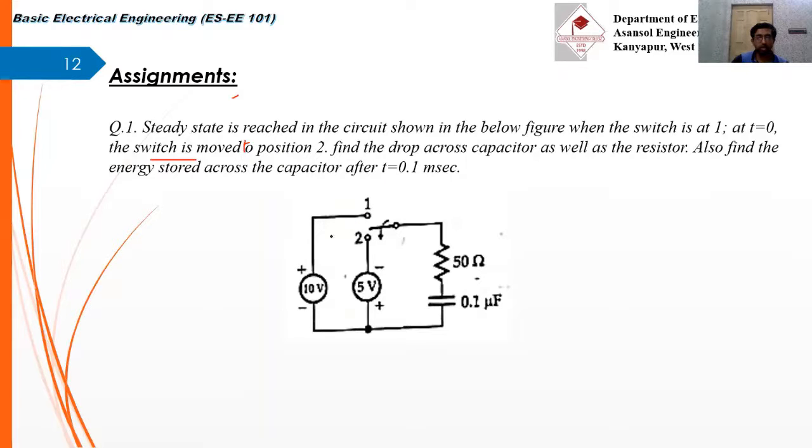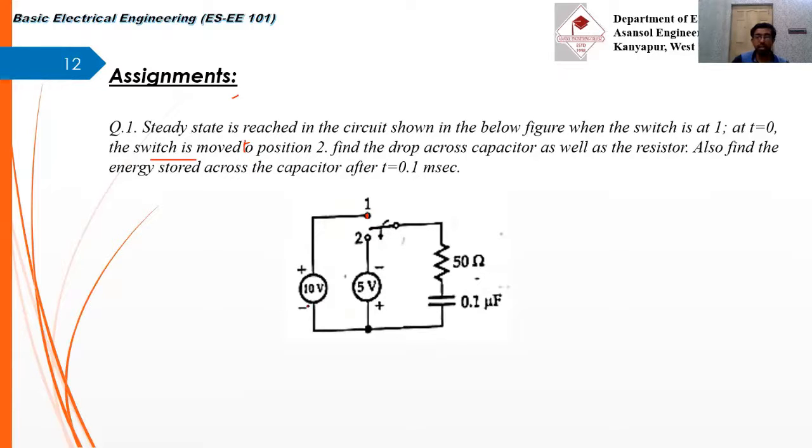Here in this circuit, one 10-volt DC source is connected at point 1, and this 50 ohm resistor with a 0.1 microfarad capacitor in series is common to both the sources.